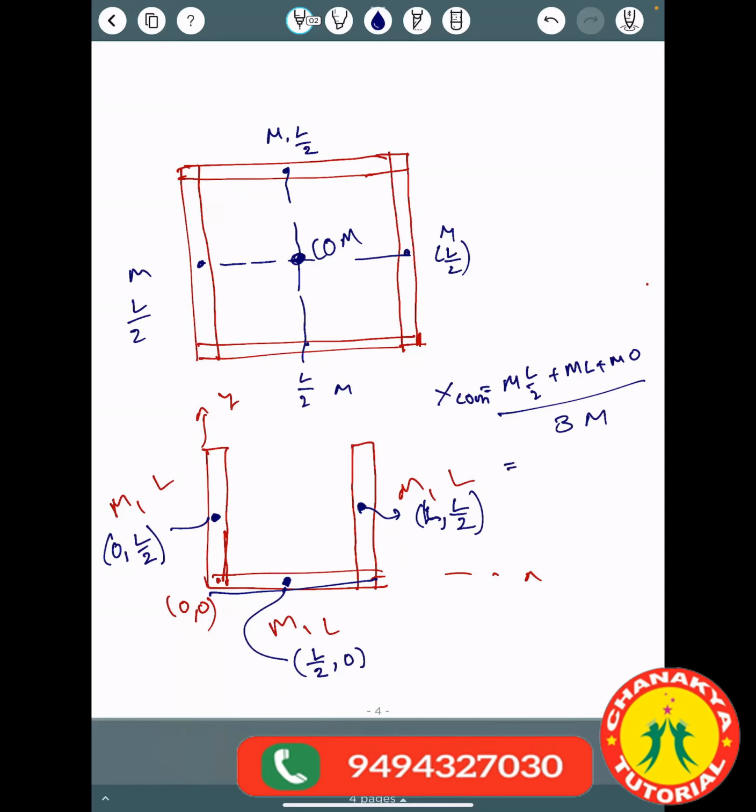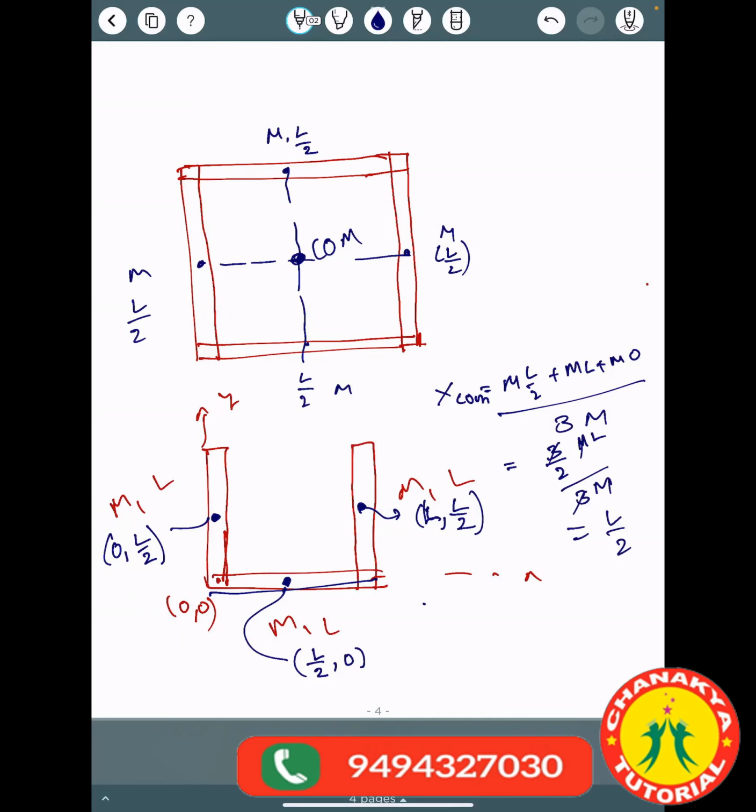M into L by 2, M into L, M into 0. Correct. So from here, 3 by 2 ML, right? Divided by 3M. So 3 got cancelled out, M got cancelled out, L by 2. So here we are getting x.